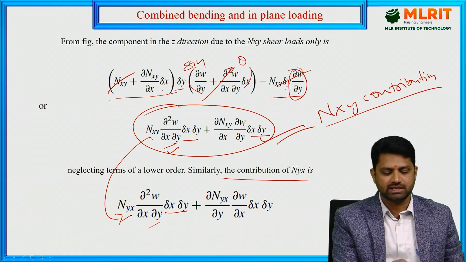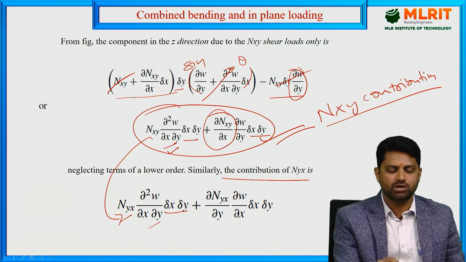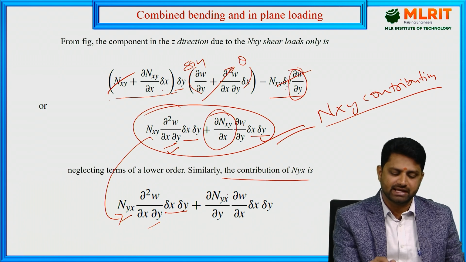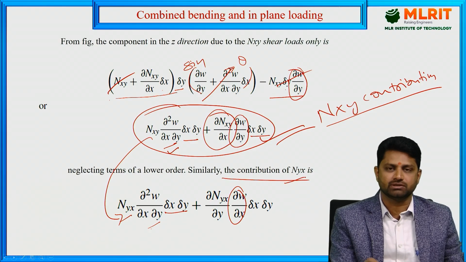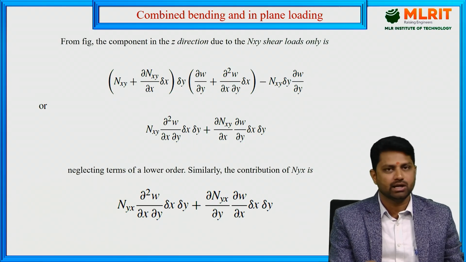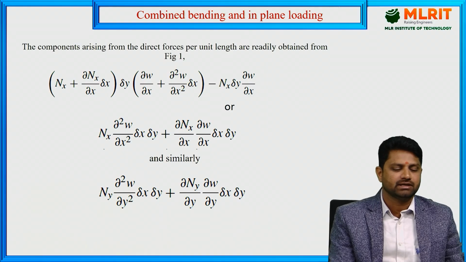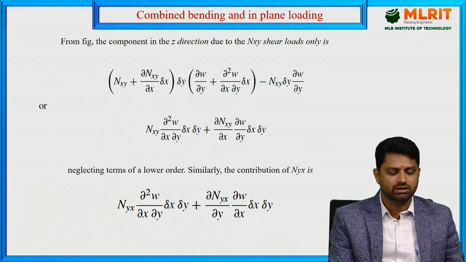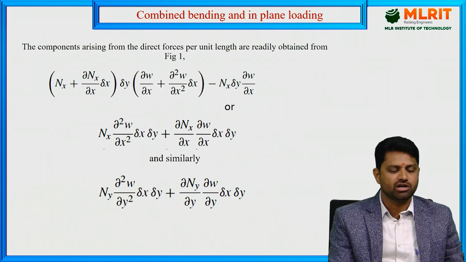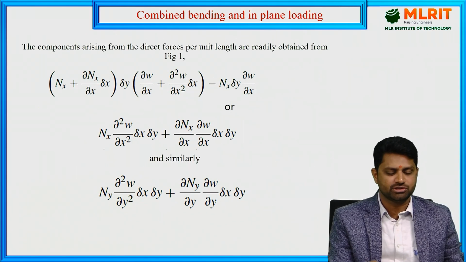Instead of ∂Nxy/∂x you write ∂Nyx/∂y, and instead of ∂w/∂y you write ∂w/∂x, with delta x delta y. So this is the Nyx contribution for the thin plate. Next, the components arising from the direct forces per unit length are readily obtained from figure 1. So this is the Nxy contribution we have seen, and the Nyx contribution we have seen.